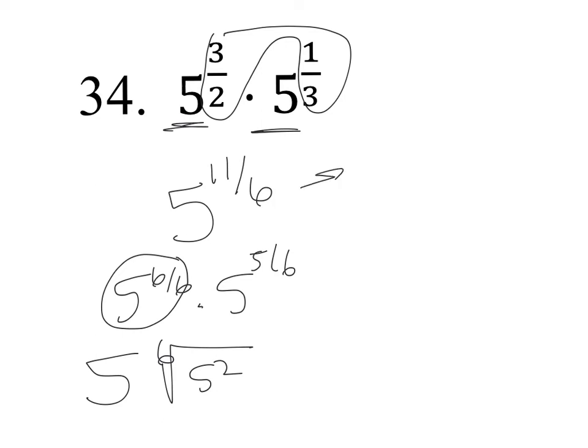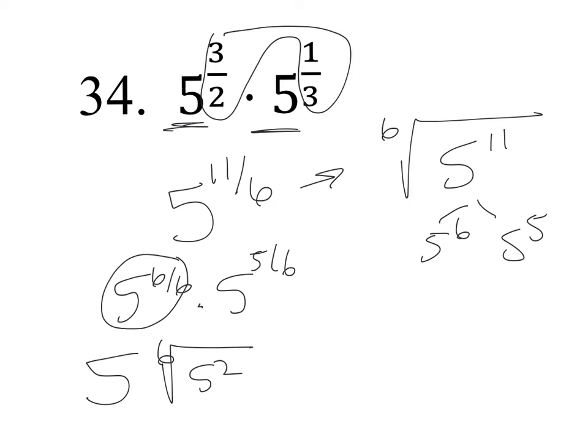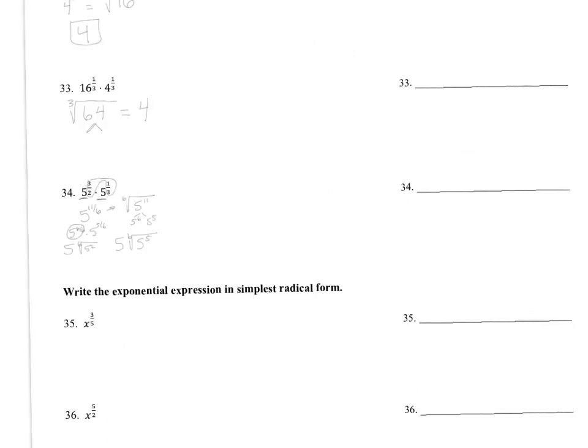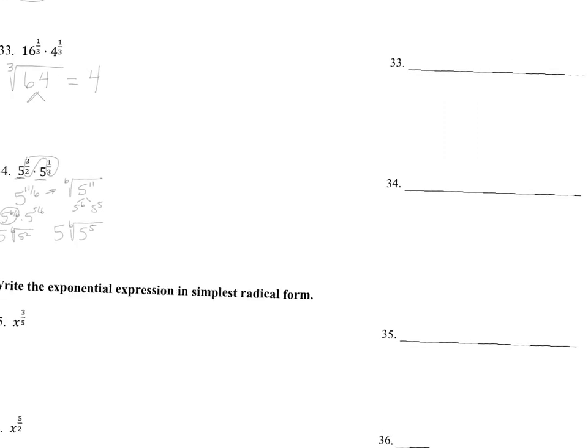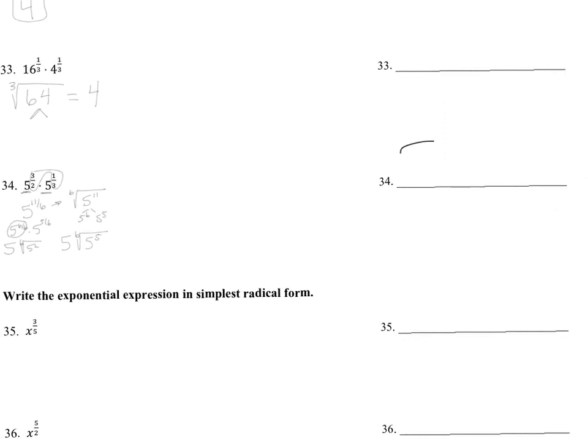Or if you rewrote this right away, this is the 6th root of 5 to the 11th, which again, you can simplify, which would be 5 to the 6th, 5 to the 5th, still the same thing of 5, and then the 6th root of 5 to the 5th. So this answer actually would look like 5, and then the 6th root of 3,125. Again, that's 5 to the 5th.